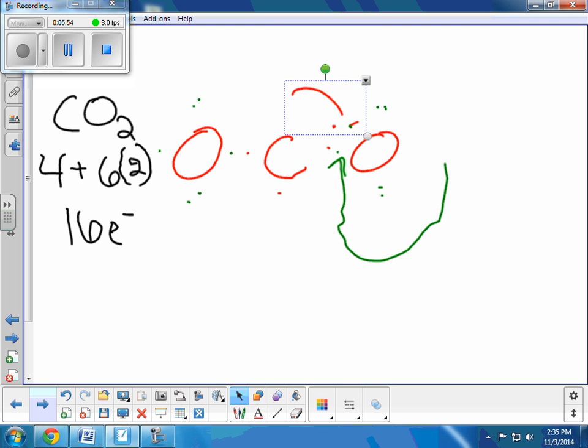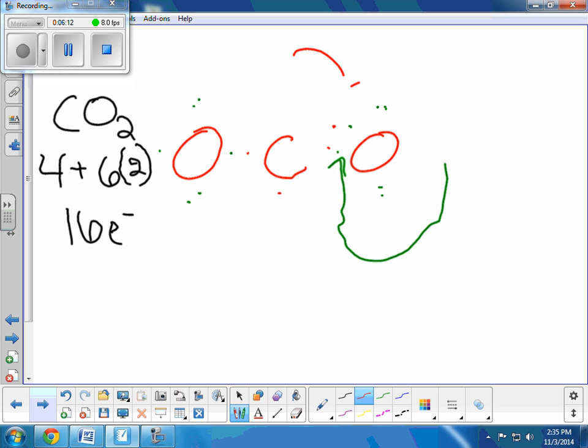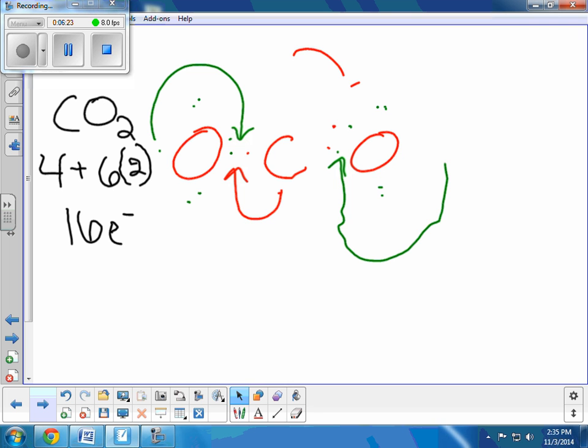So now essentially we have four electrons in between carbon and oxygen. We're going to do the same thing on this side. I'm going to take this electron underneath carbon and move it here. And then I'm going to take this electron beside oxygen and also move it to the center. All right, so now we have 4 electrons in between each carbon and oxygen.